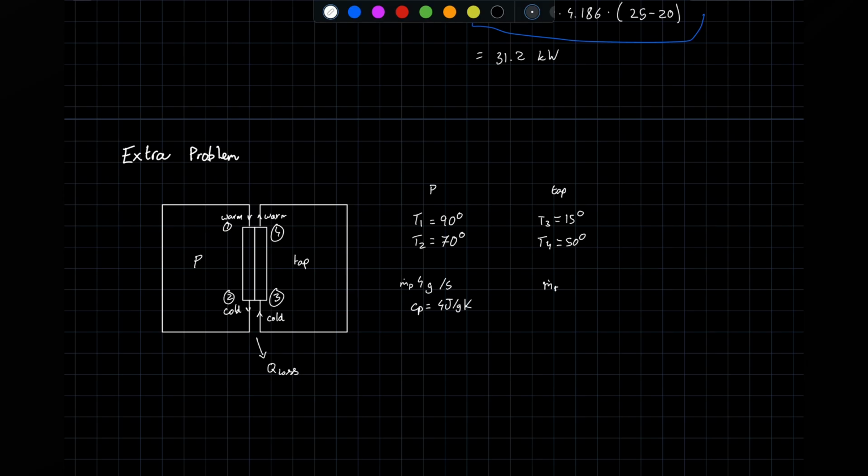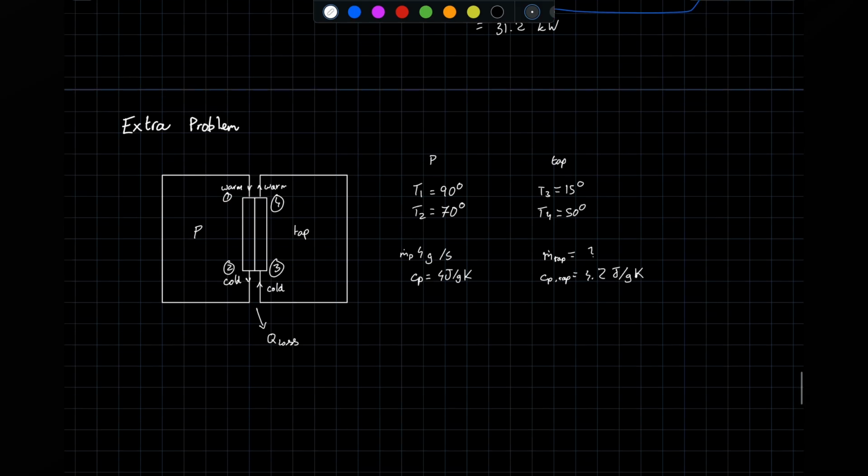And here our tap flow was unknown, and we had a specific heat capacity of 4.2 joules per gram Kelvin.